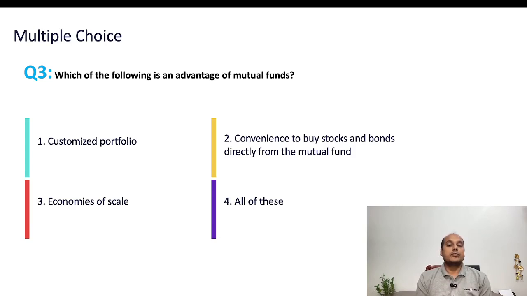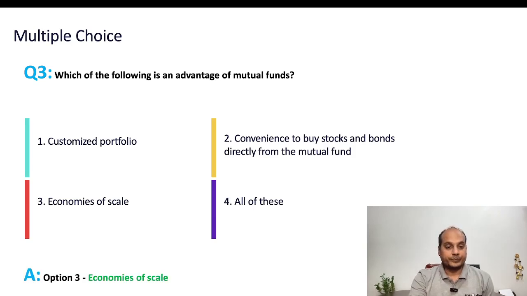So here comes mutual funds as a savior, where you can invest into a mutual fund scheme. That mutual fund scheme can invest into a variety of places, and your investment could be as low as maybe 500, 1000 or 100 rupees. It's very effective in that sense. So for the advantage of mutual funds, option 3 is the correct one.